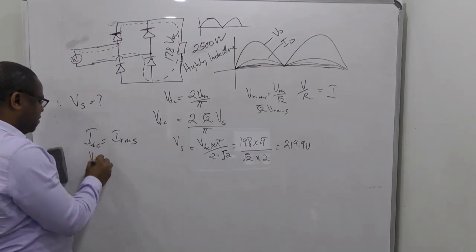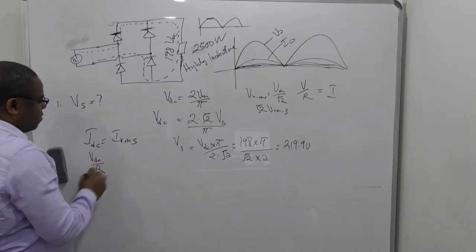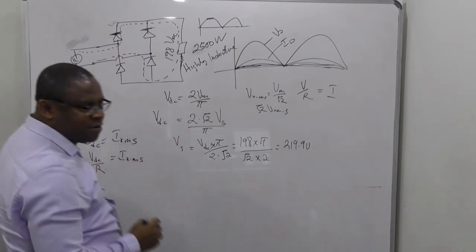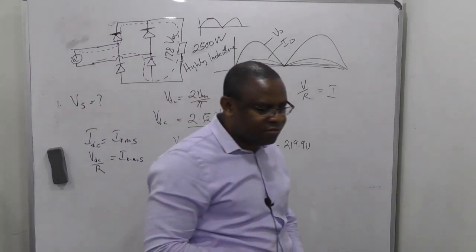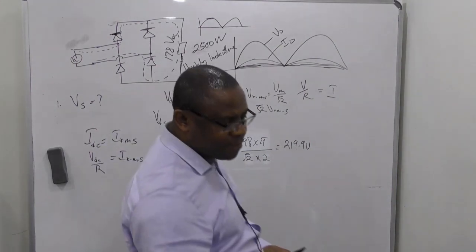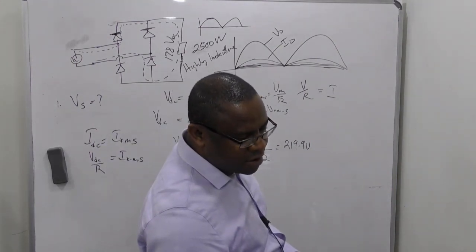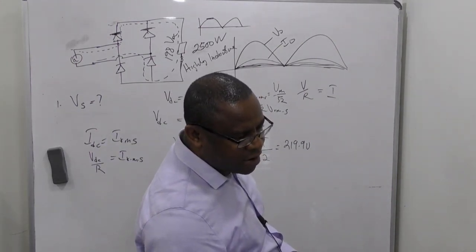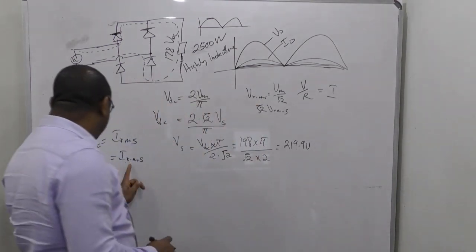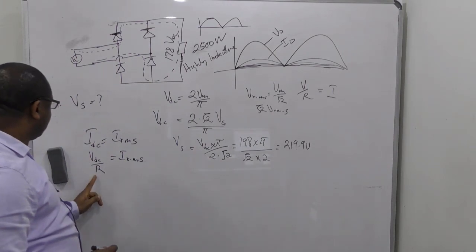It is VDC over R. We are asked to calculate IRMS. We know VDC, but we don't know R.